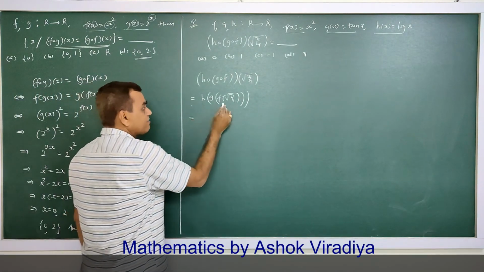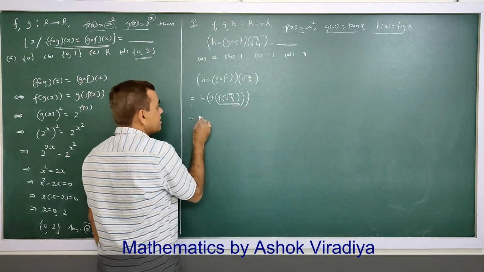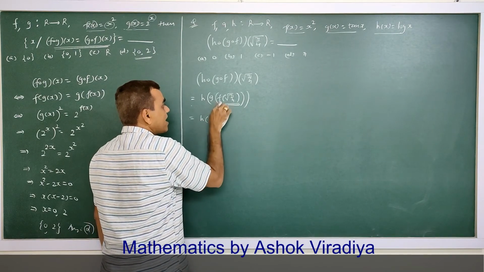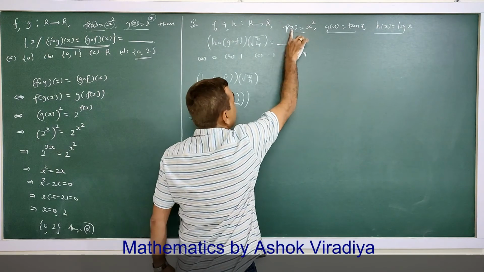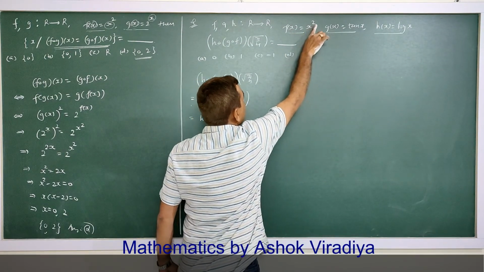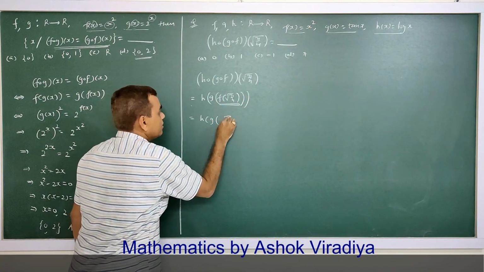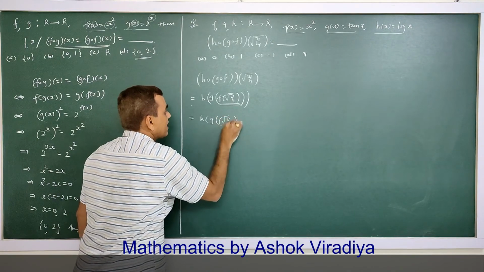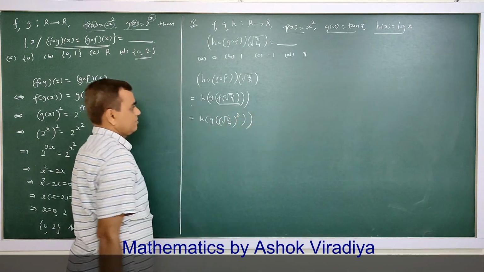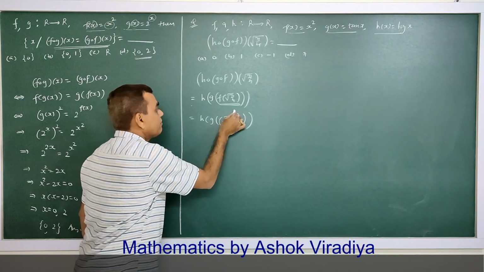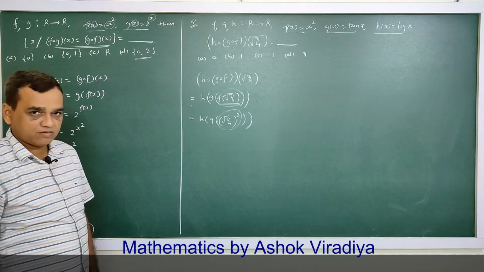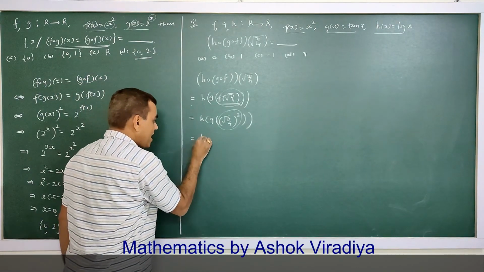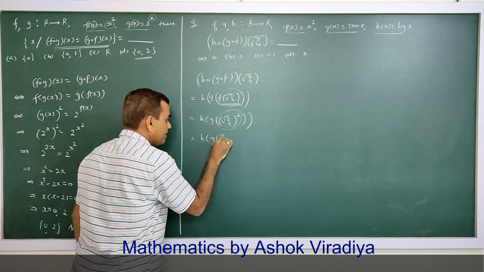Now we start from the inner side. Calculating the inner function, f of root pi by 4, is root pi by 4 square. So this is the value of f of root pi by 4. So that is h of g of pi by 4.